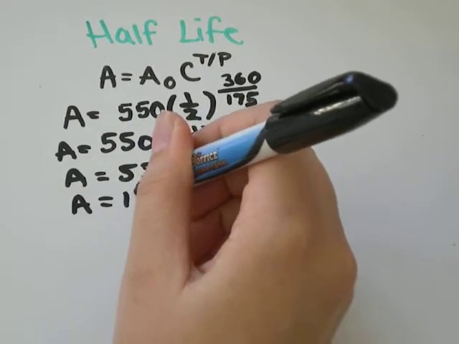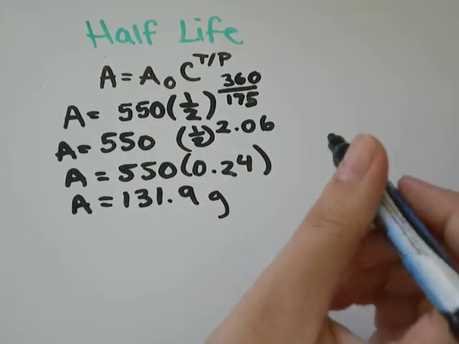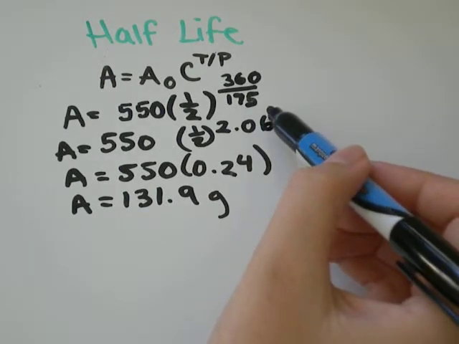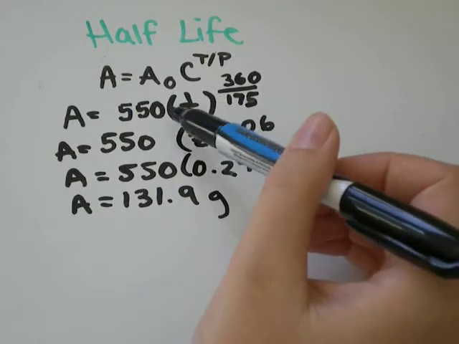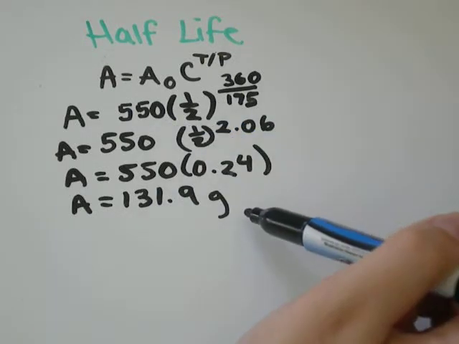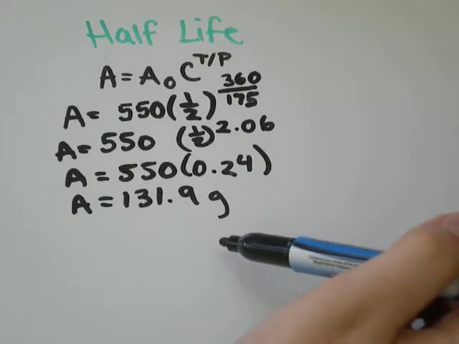So A will be 131.9 grams. So after 360 days of a substance whose half-life is 175 days, 550 grams of a radioactive isotope has decayed to be only 131.9 grams.